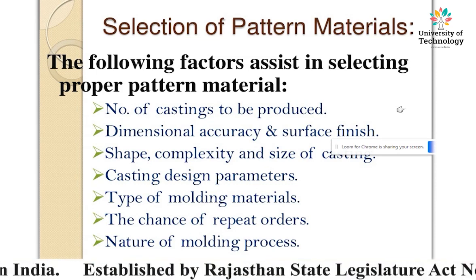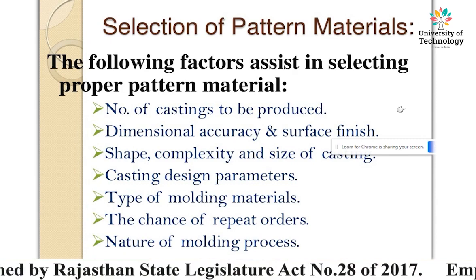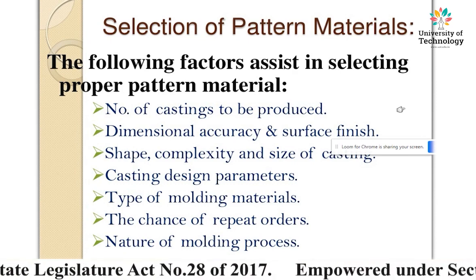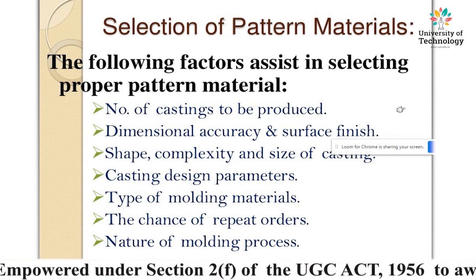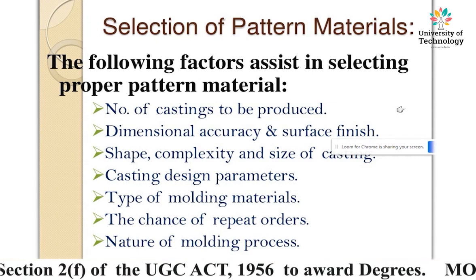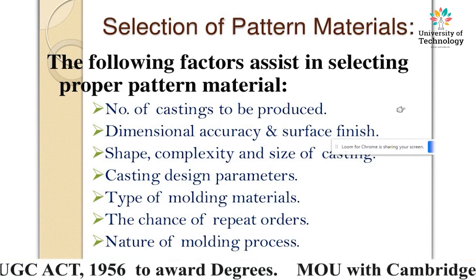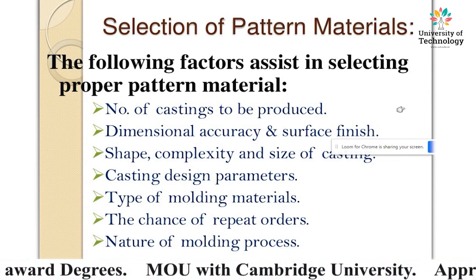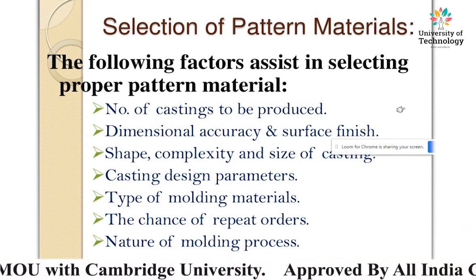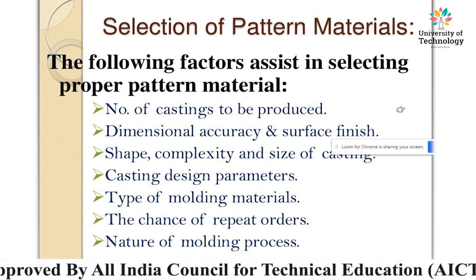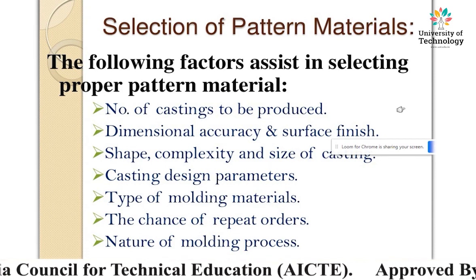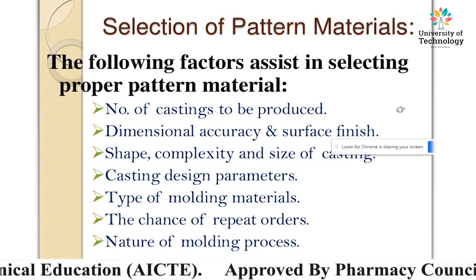Fourth is casting design parameters, and next is type of molding materials, the chance of repeat orders, and nature of molding processes. These are all factors on which the pattern material is based.